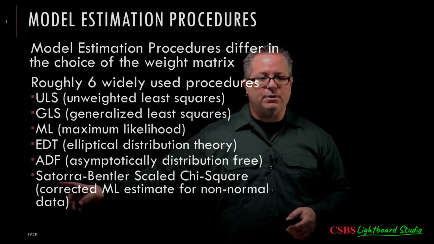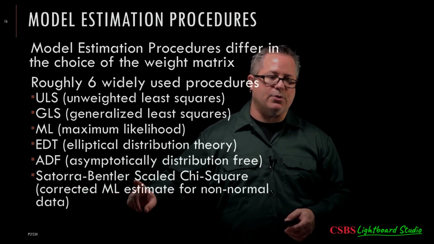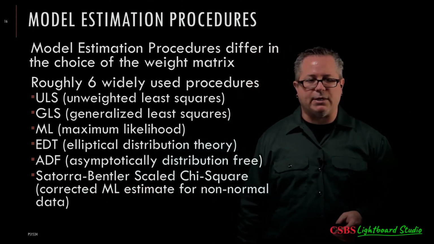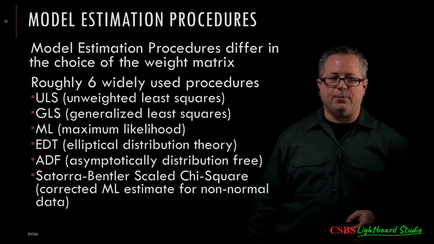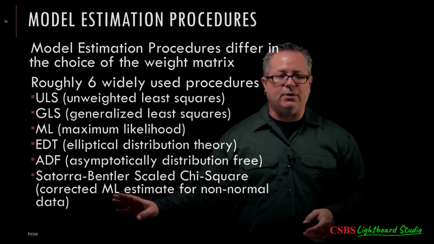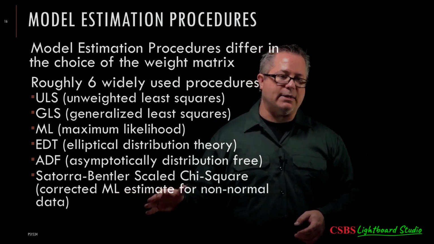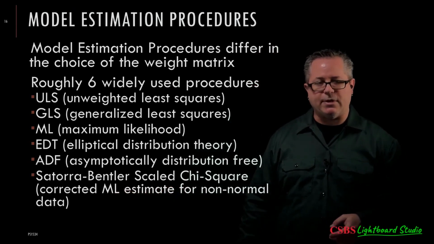And then there's Satorra-Bentler, sometimes called the scaled or robust chi-square methods. It's basically a maximum likelihood estimate that they then correct to help whenever you have non-normal data.